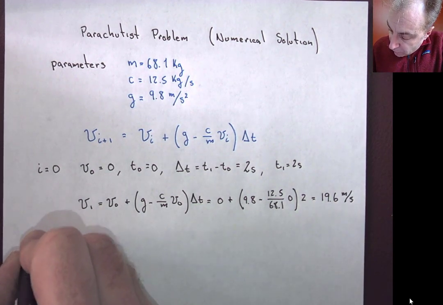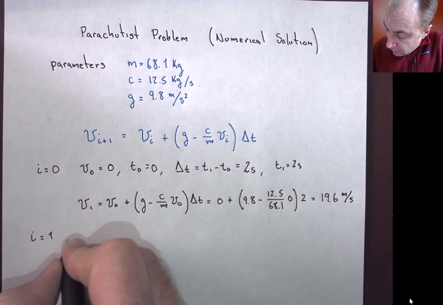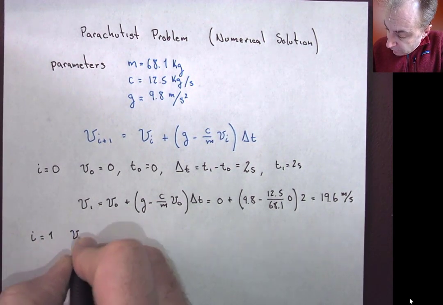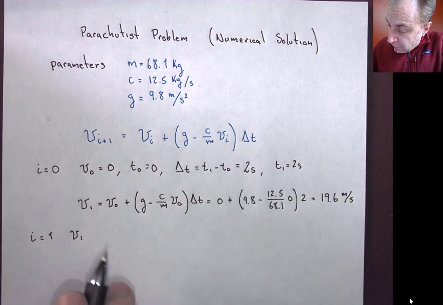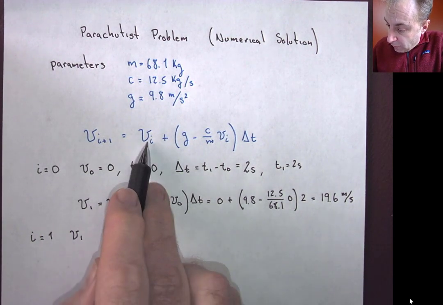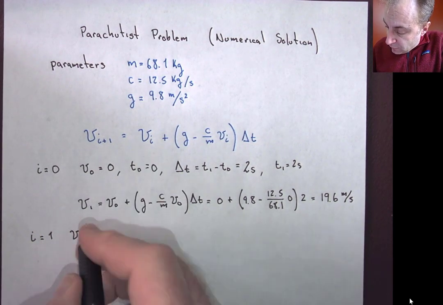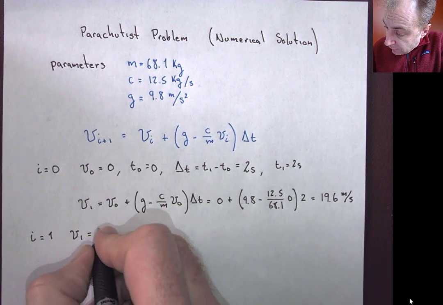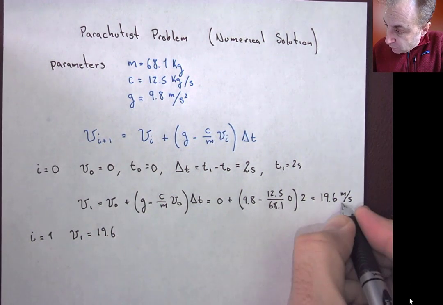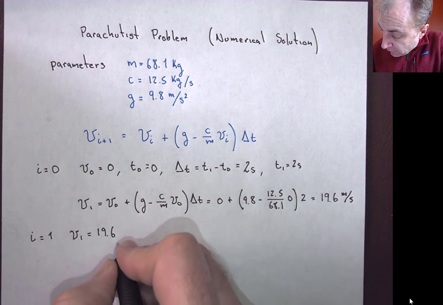Now we go to i equals 1, and now the velocity that we're going to have here is going to be v1. So v1 is 19.6, which is what we found in the previous step.